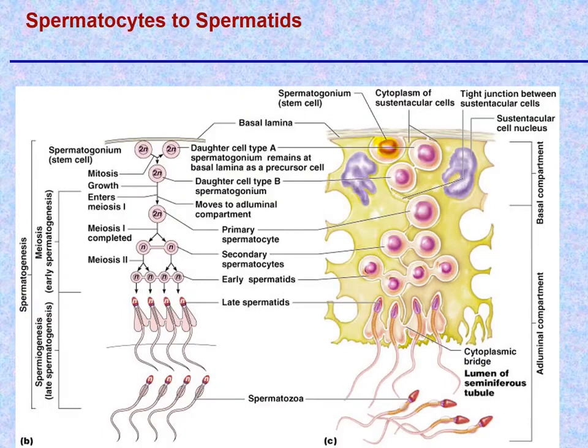Okay, so that's progressive spermatogonium, type B spermatogonium, primary spermatocyte, secondary spermatocytes, spermatids, and finally late spermatids and spermatozoa.